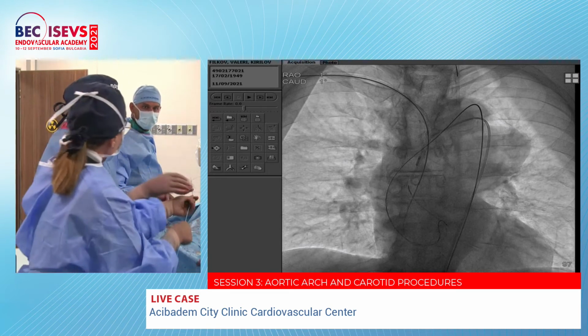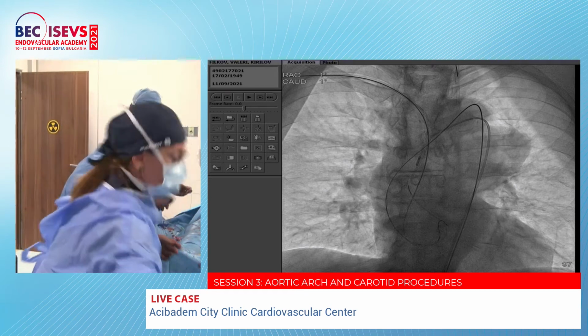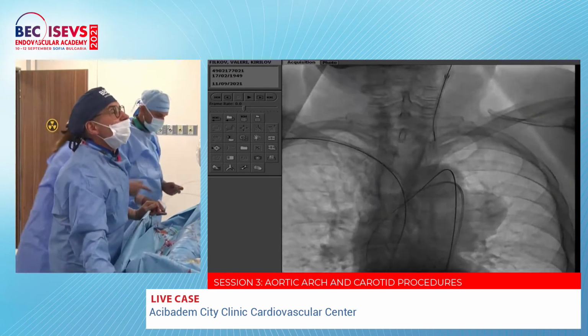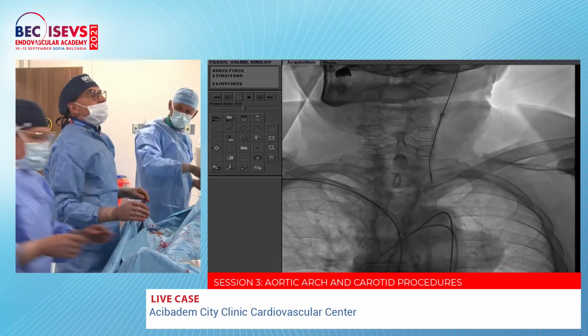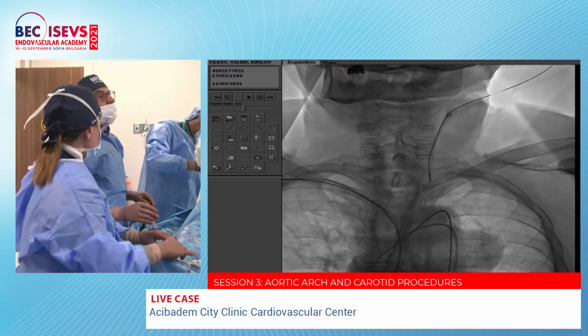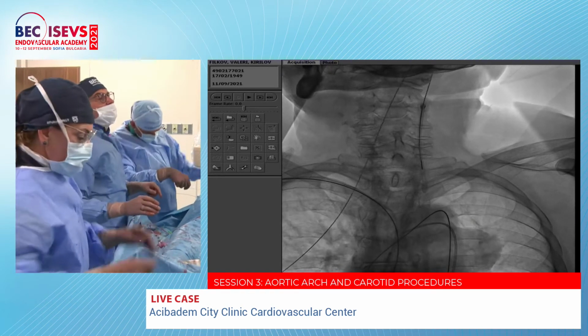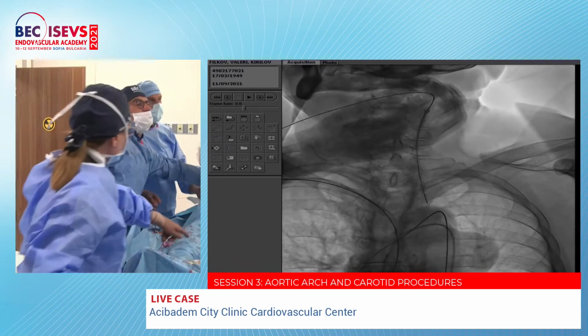And for the left carotid, in fact, we punctured the left carotid retrogradely, like I have shown. And we have already the 7 French sheath in place.